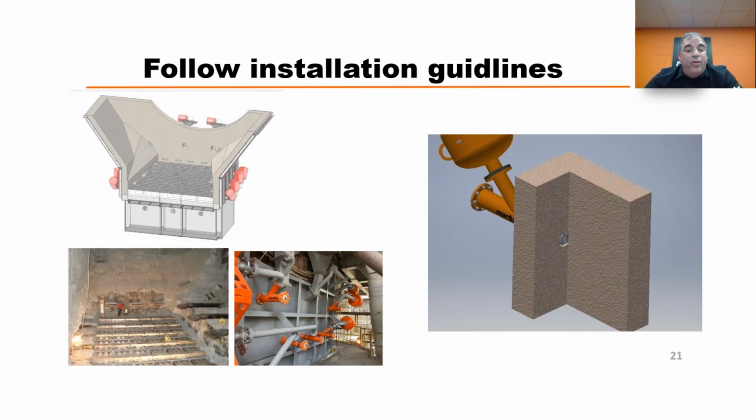So the thing about the nozzles is follow the installation guidelines, whether it comes from the OEM manufacturer of the tower itself, or you're putting on nozzles during a shutdown or on a new application. You've spent a lot of money, as I said, on the cannon. Just a few degrees off one way or the other with a nozzle, and then you embed it in refractory, you basically wasted that cannon.